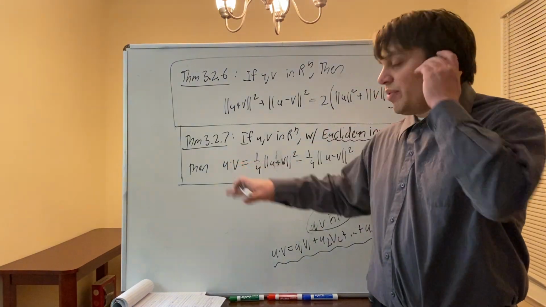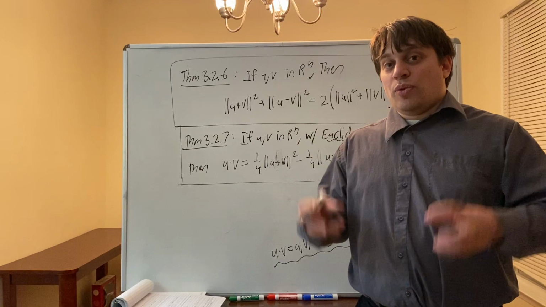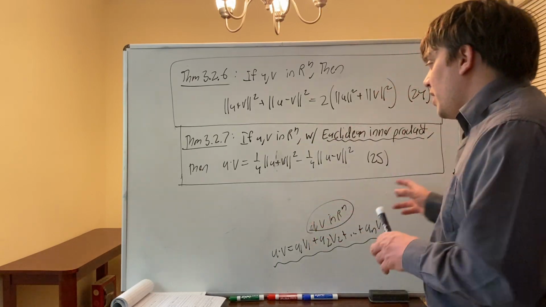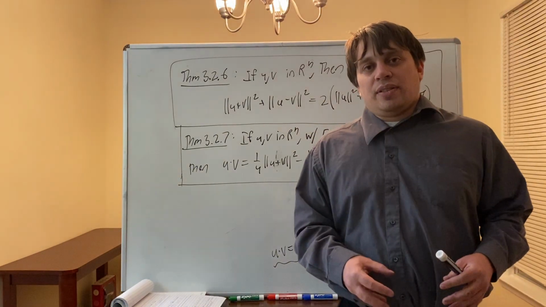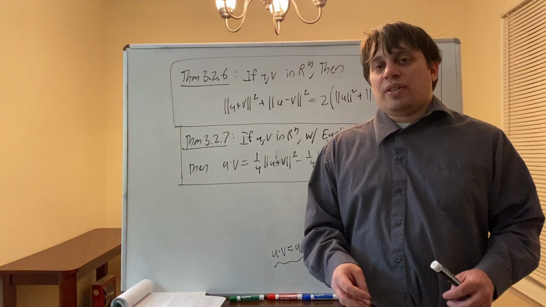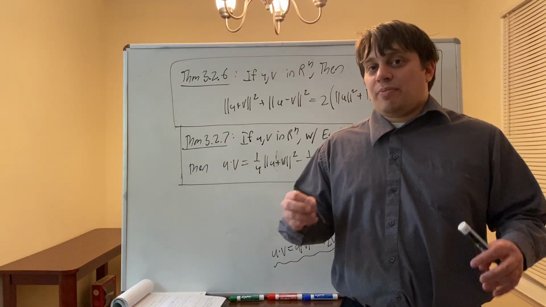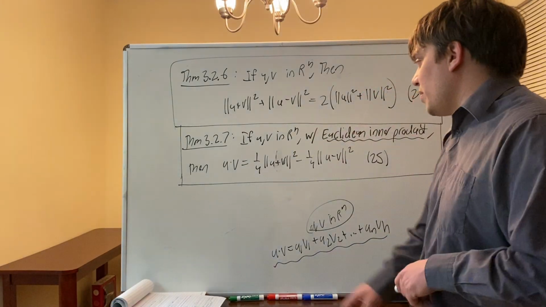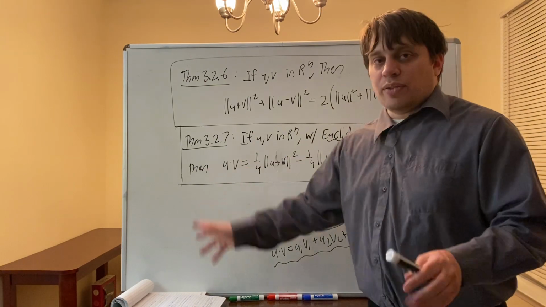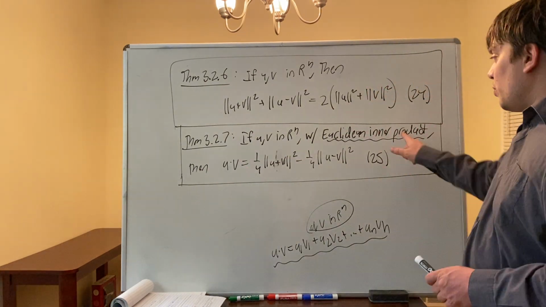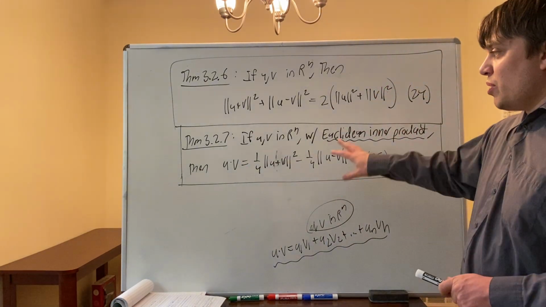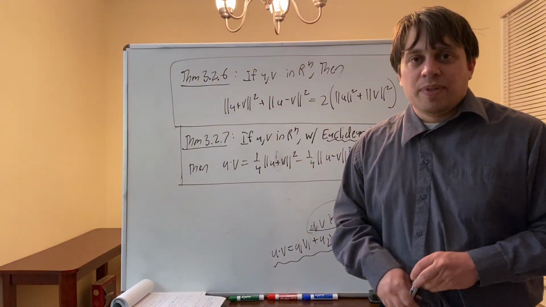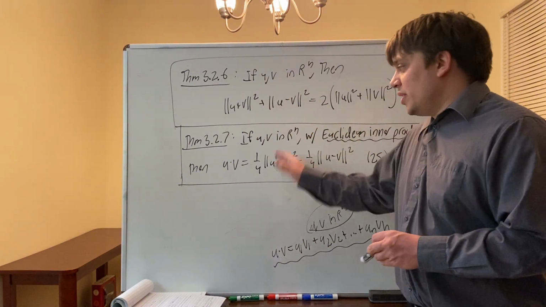Anything else that depends on the inner product will also change. So this equation may not hold for an inner product that's not the Euclidean inner product. But for the Euclidean inner product, this equation holds.